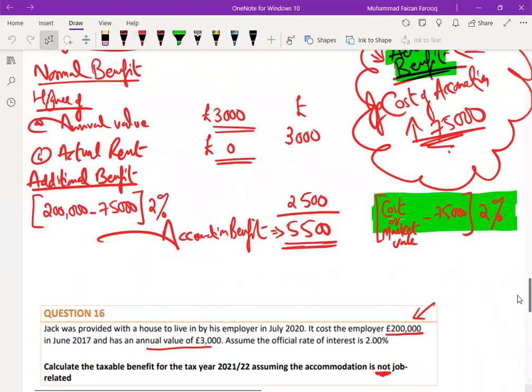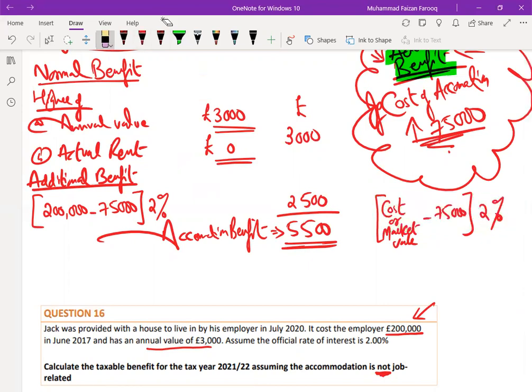Now, going back to the formula, just very carefully, we will discuss one small concept here. What I wrote here: cost or market value.